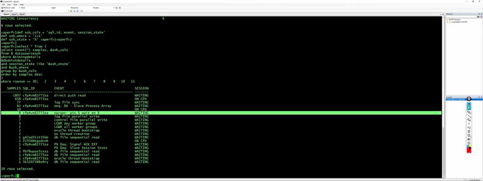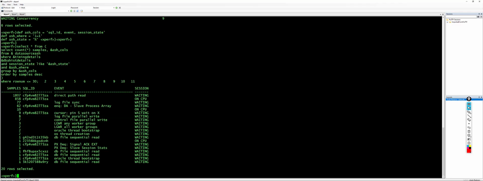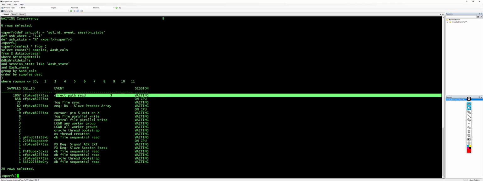Now we can focus on this SQL and why it is going through direct path read. Direct path read is an expected event, because obviously if the data is not in memory, then Oracle has to scan it from the disk.